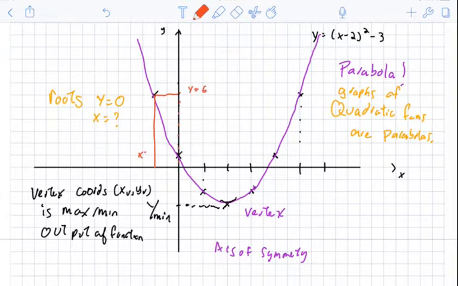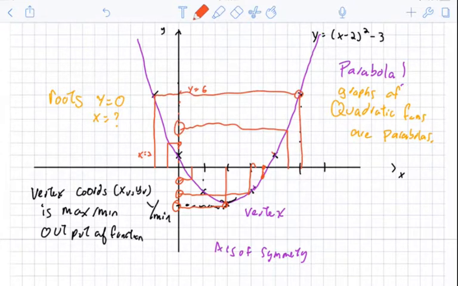And so as we change the input of x, you get different values of y. If you think about it in terms of plotting what the y values are, as I move away from the vertex, I'm getting bigger and bigger values of y, right?